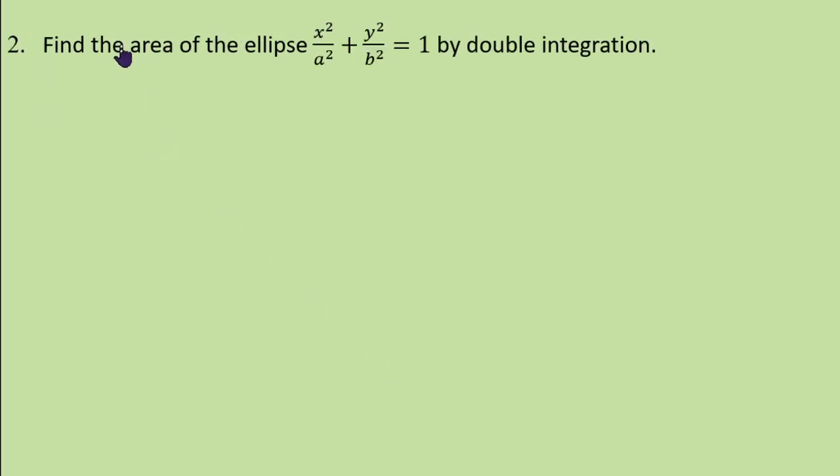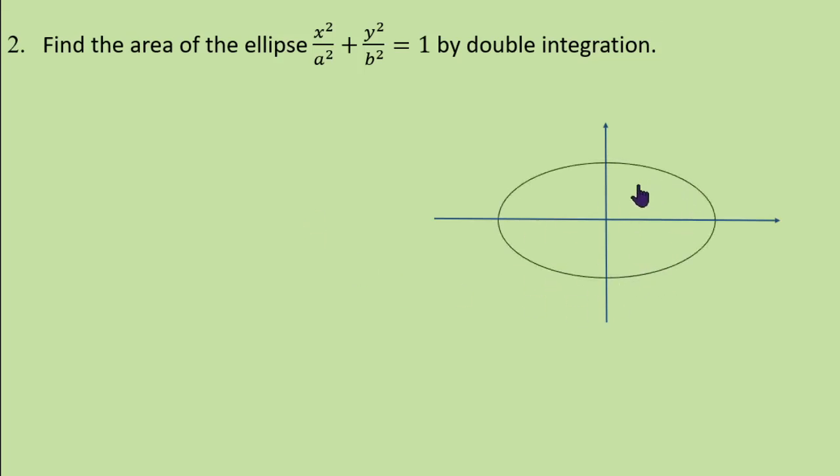One more example, find the area of the ellipse by double integration. Now we do one thing, the area of the ellipse is nothing but 4 times the area in the first quadrant. In the first quadrant, x varies from 0 to a because the semi major axis is a.